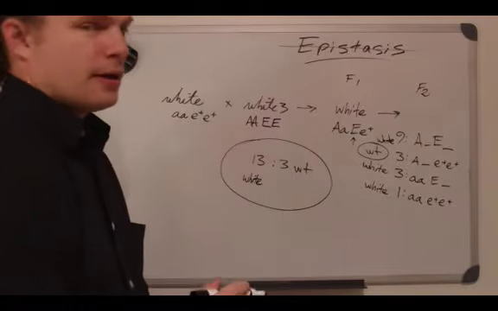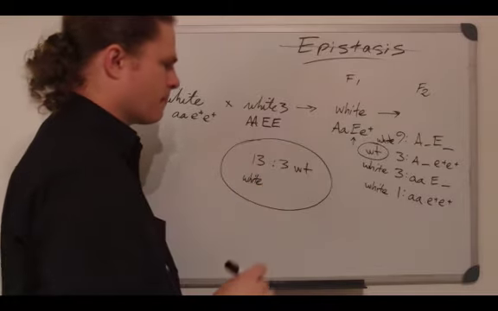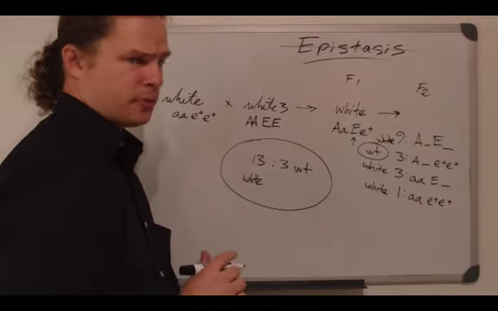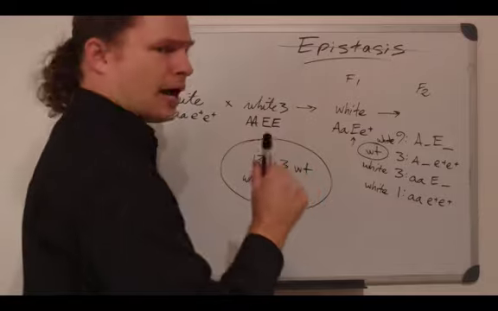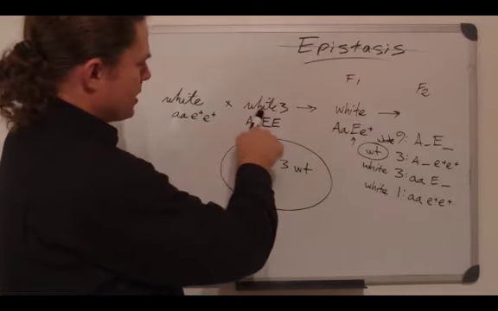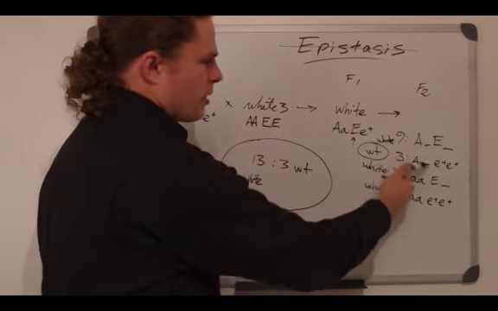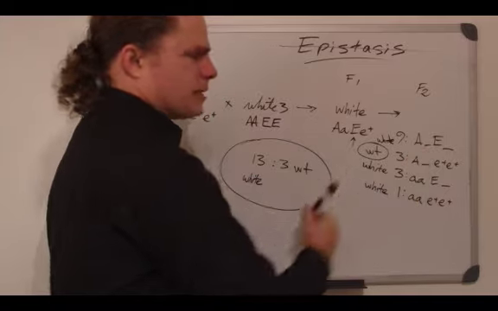Now, this is another one that can be tricky to spot sometimes because a 13-3 is very, very similar to a 3-1. Again, how do you know that you're dealing with a 13-3? Because you take 2 mutant lines, you cross them together, and they show that there is wild type in the F2.